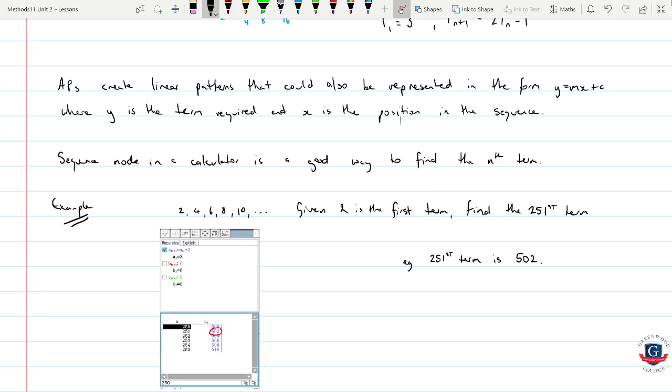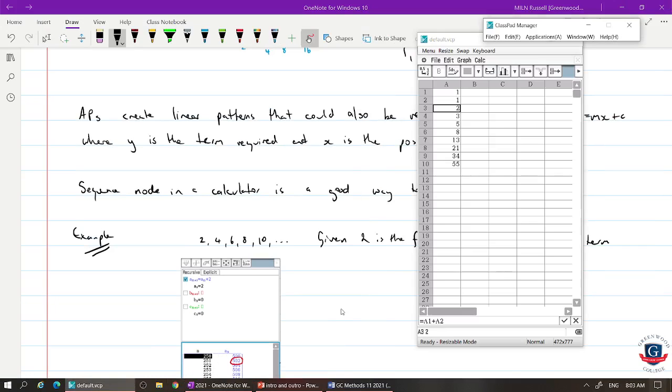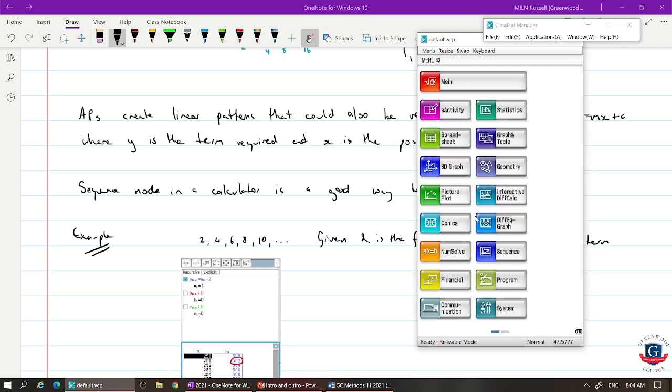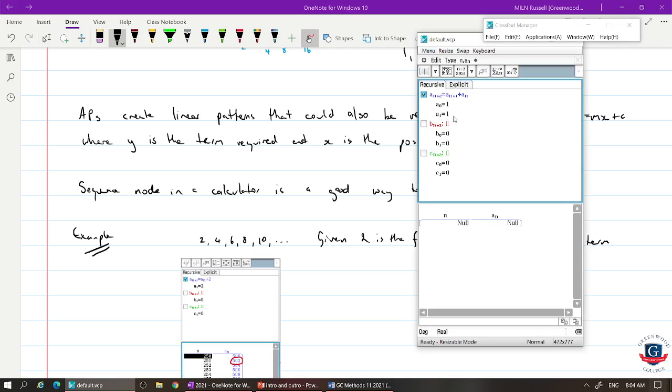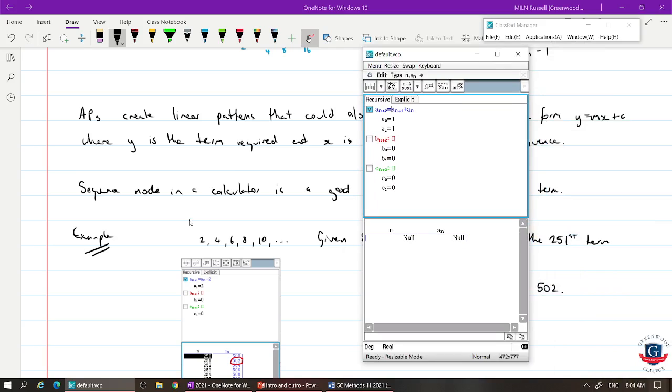find the 251st term. Well, I'll pop out of full screen mode and I'll get my calculator up. Here it comes. And I think we might do this in sequence mode because it takes forever to do this type of problem in spreadsheet mode. So let's see, what would the formula be? Its first term is 2 and it's going up by 2.